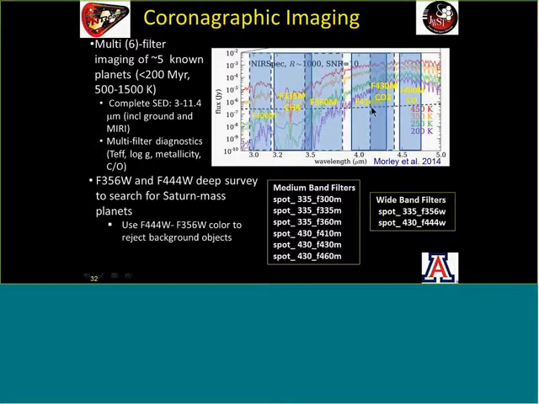This dotted line through here is the NIRSpec sensitivity in 10 to the 5th seconds. And so one is not going to use NIRSpec on a lot of these cool brown dwarfs or exoplanets. And so that's where this NIRCam filter photometry will help a lot because of the relative faintness of the objects.